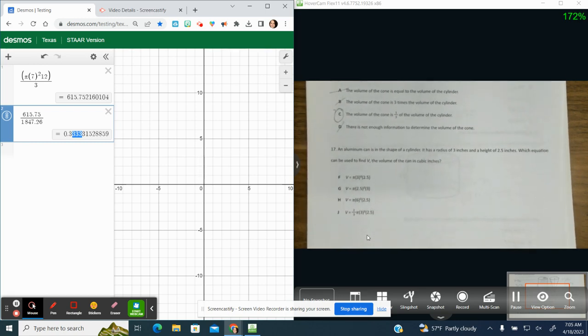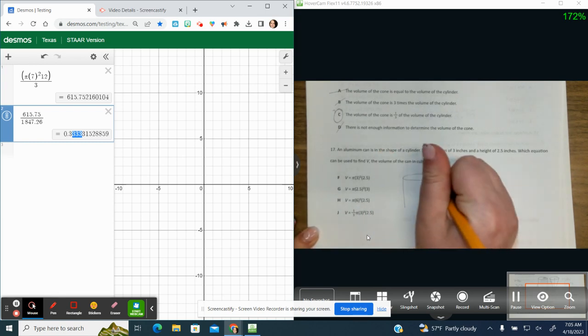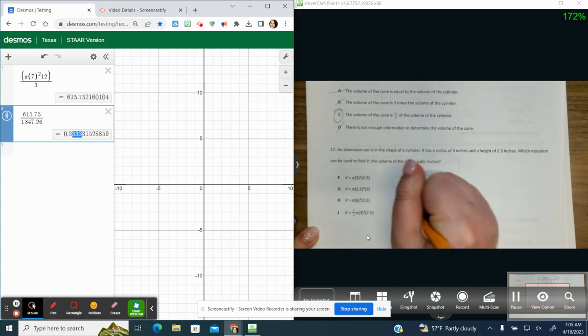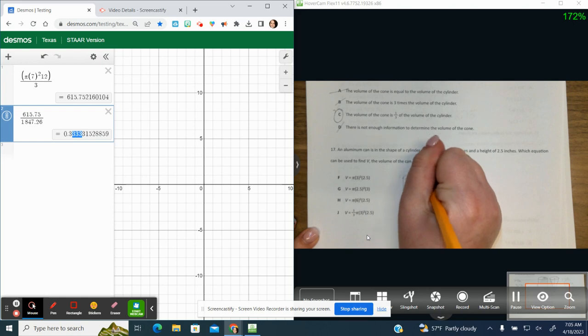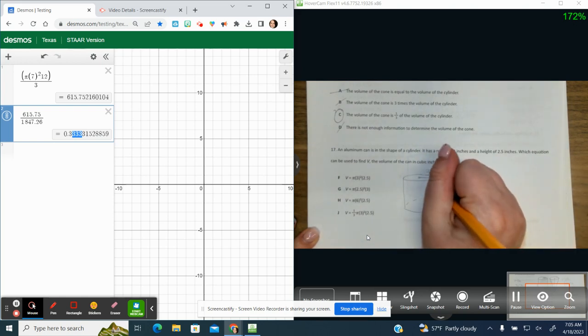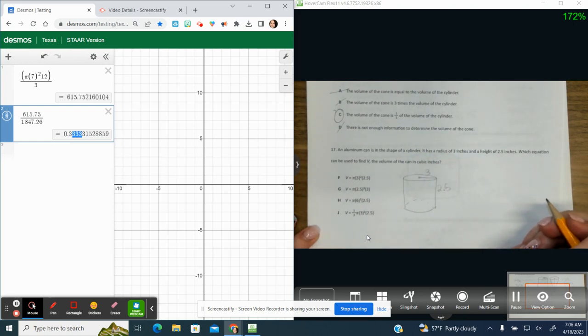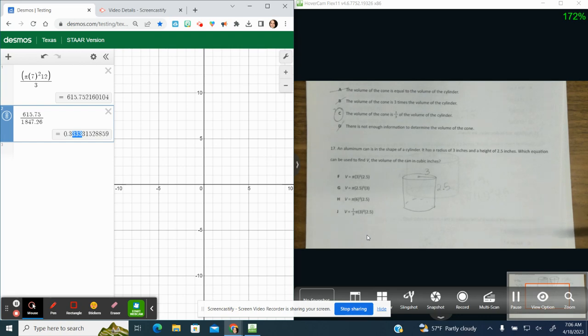Number 17, an aluminum can is shaped like a cylinder. So let's draw a cylinder with a radius of 3 inches and a height of 2.5 inches. Which equation can be used to find V, the volume of the can, in cubic inches?